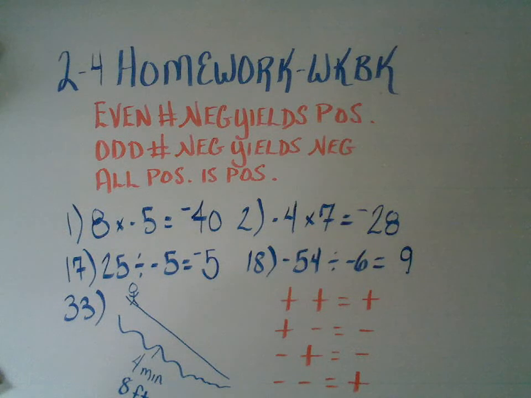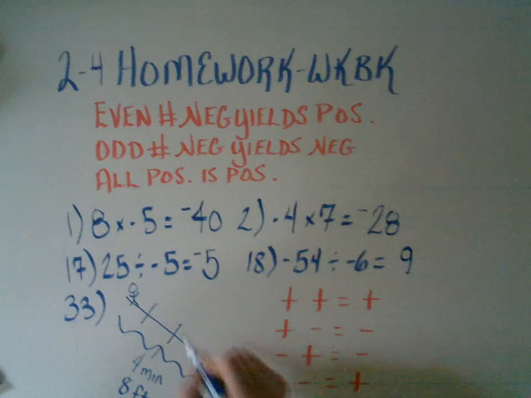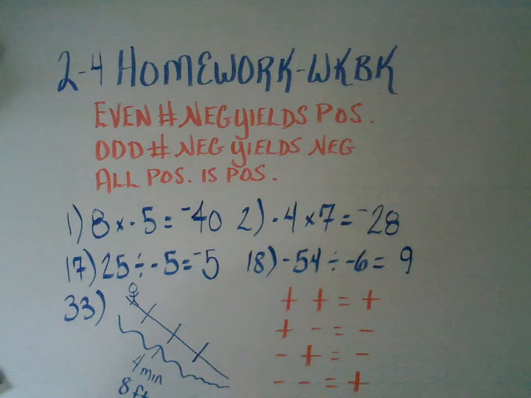And we're supposed to figure out how much was the change in elevation per minute for 4 minutes. So if we chop this up into minute segments, because they want to know per minute, they want to know how much she covered in this first minute, and the second minute, and the third minute, and the fourth minute. Notice these 4 segments are about the same because that's what the question says.